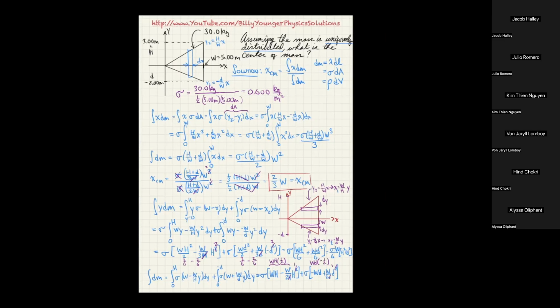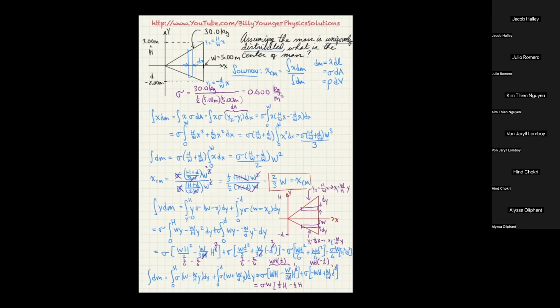Okay. So my ultimate result in this particular case, I'm going to come back here and write it. Let's say we'll write it right there. So I've got a common sigma and w. That's in both terms. In this case, I get a 1/2 h. And in this one, I get a negative 1/2 d.